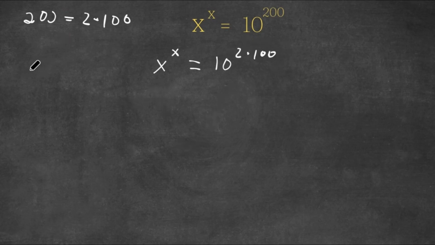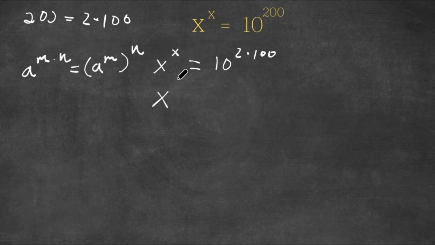Now, if we have something in the form a to the power of m times n, this is equal to a to the power of m, to the power of n. And the same thing goes vice versa: a to the power of m to the power of n is equal to a to the power of m times n. So now I'm going to rewrite 10 to the power of 2 times 100 as 10 to the power of 2 to the power of 100.